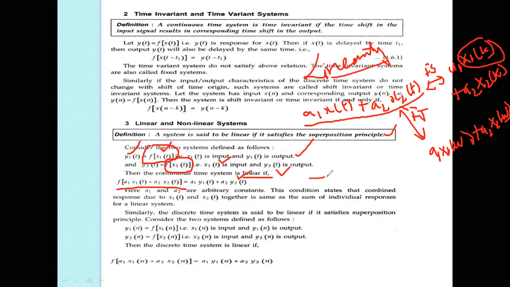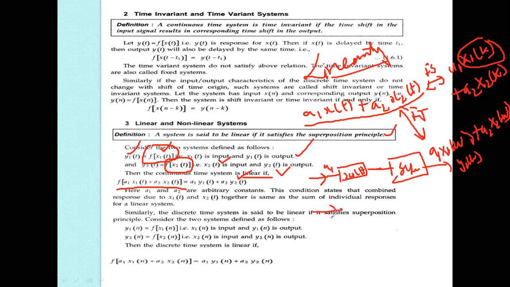Hence, in the block diagram, a1 multiplied with x1 of t passes through the system, and you'll get the y1 of t. Okay, y1 of t is a function of a1 into x1 of t.